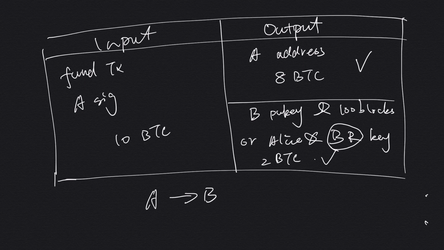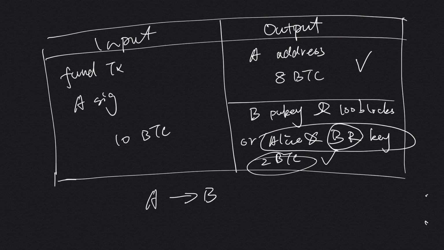Once Bob hands this revoke private key to Alice, it means Bob agrees that the transaction can be revoked. So again, the revoke has to be agreed on both sides. Once Bob hands over his revoke private key to Alice, and Alice uses her own private key, Alice can spend this 2 Bitcoin. She can transfer the 2 Bitcoin to her own address, just to prevent Bob from spending the coins after 100 blocks.